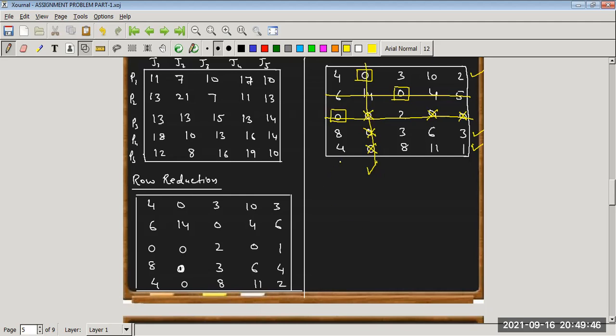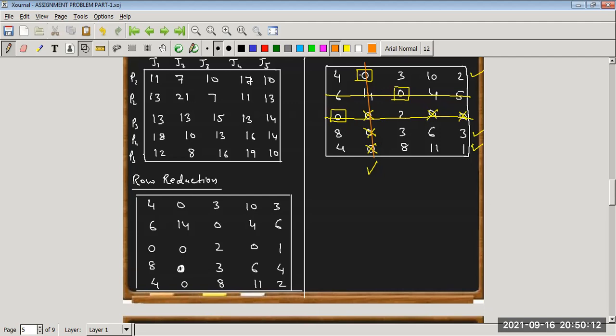So this is the ticked column. I will use a different color so that we can differentiate this. We drew the line through the unticked row in yellow, and the lines through the columns as well.